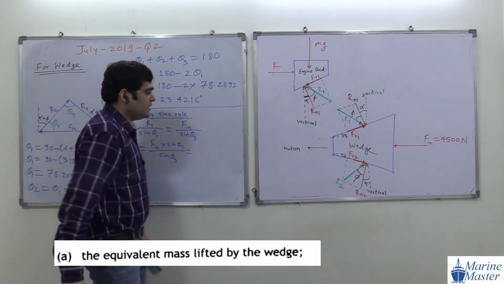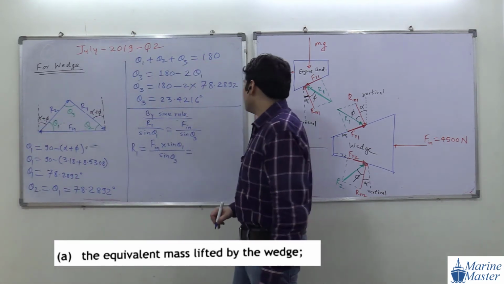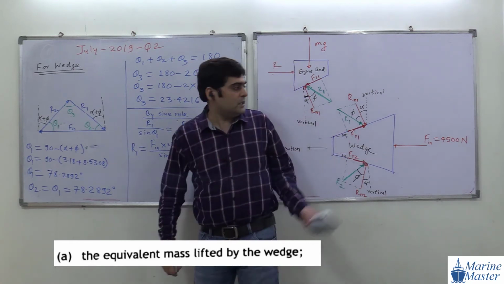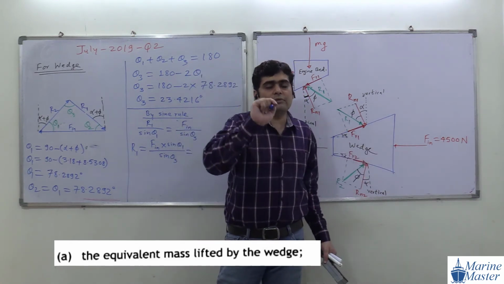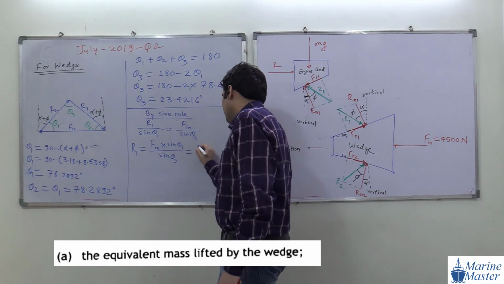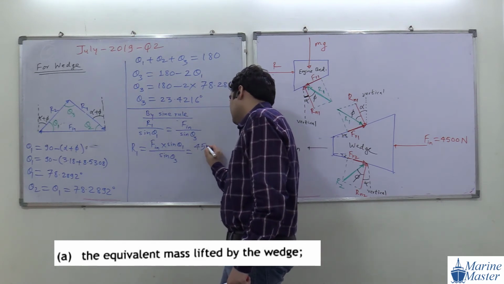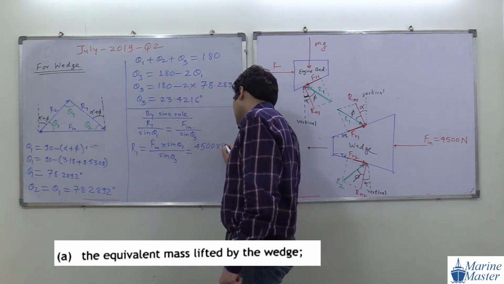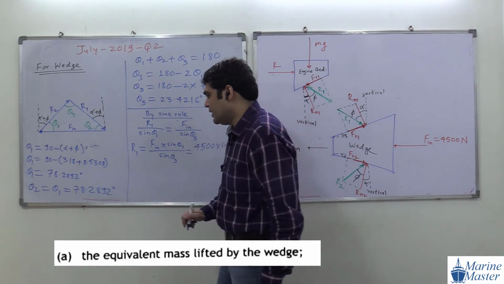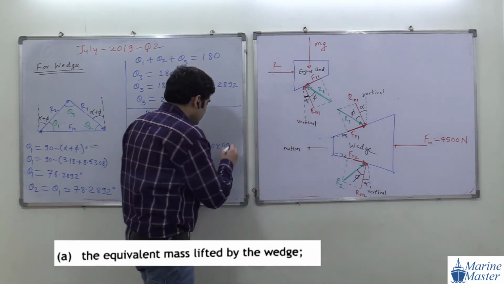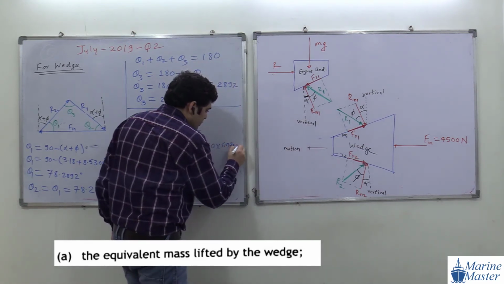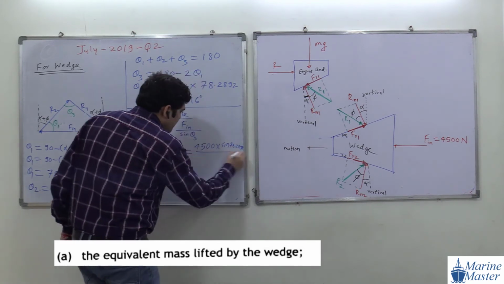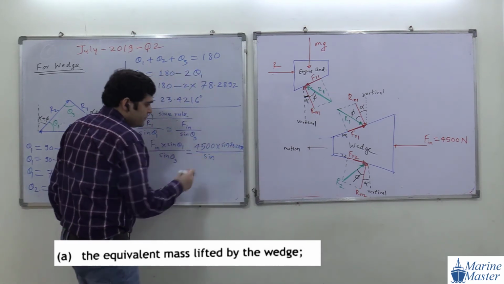How much is F in? F in is the force required to drive the wedge in. It is 4500 Newton, given in the question. Sine of theta 1, which we calculated as 78.2898, divided by sine of theta 3.